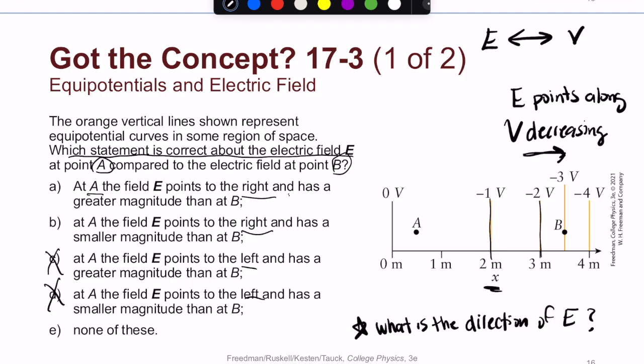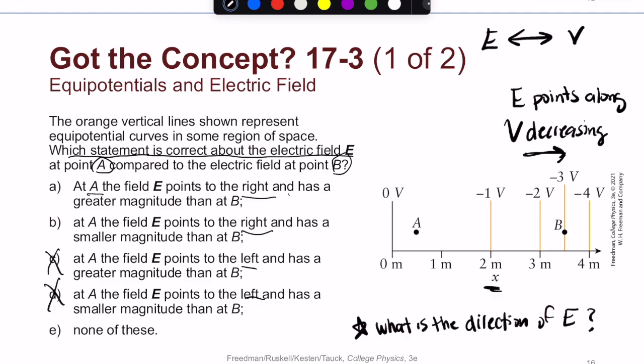Now let's take a look at the magnitude of E. How can we understand that better? Well, the magnitude of E is going to be stronger the closer you are to the point charge that is creating the E field lines, right?